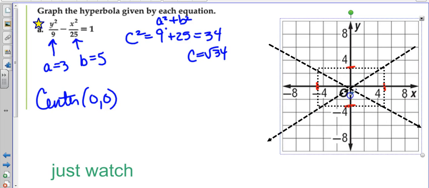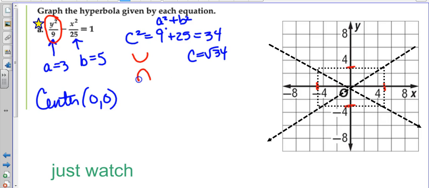So this is the setup, but now where do I actually draw the hyperbolas? This one had y positive, that means it opens around the y-axis. This means this is a vertex, and this is the other vertex. So the vertices are at 0, plus or minus 3.